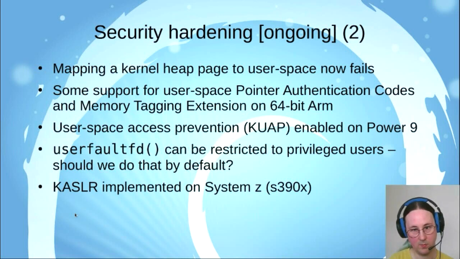There's some support on 64-bit ARM for user space to use pointer authentication codes and the memory tagging extension. These are ways to prevent type confusion in user space, which can be used for return-oriented programming and exploiting use after free bugs.